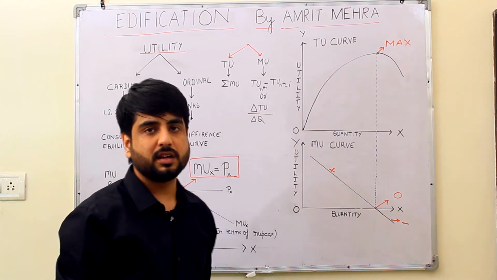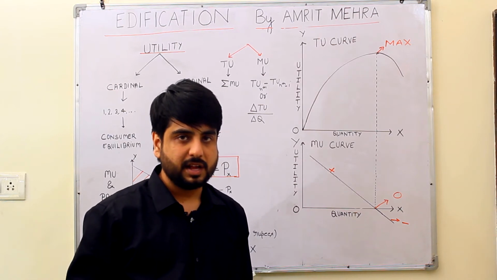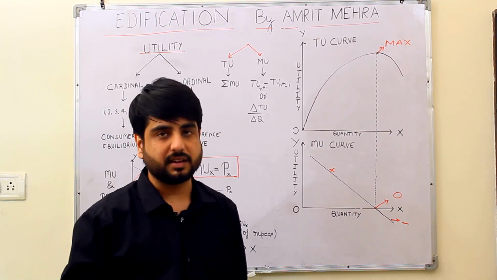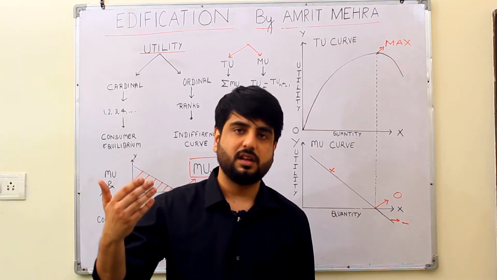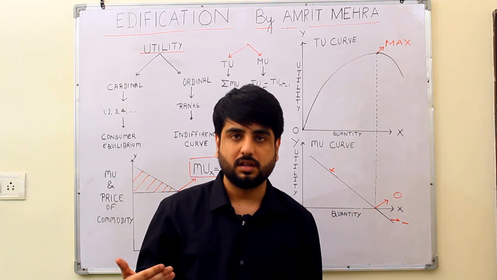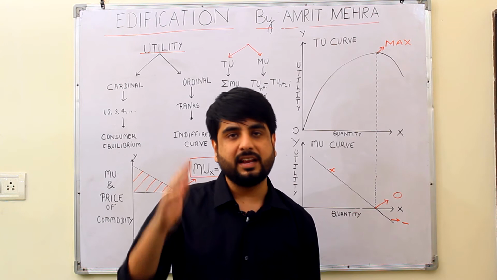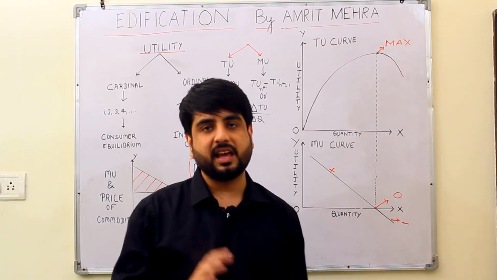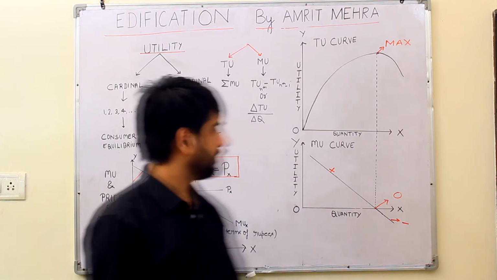TU is increasing, but with each additional unit we see that the rate of increase is decreasing. For example, let's say 10, 18, then 24. This 10, 18 and 24 will tell us that there is an increase of 8 and there is a further increase of 6.